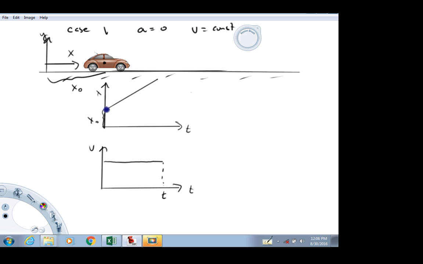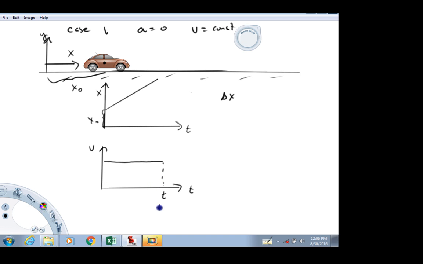Now, as far as the equation that describes the position here, there's a couple ways to get it, and I'm going to talk about using area. So hopefully you've seen my video on how to calculate the change in position, or the displacement, for a particle from a velocity graph. The change in position, the delta x for that car, is going to be given by this area right here.